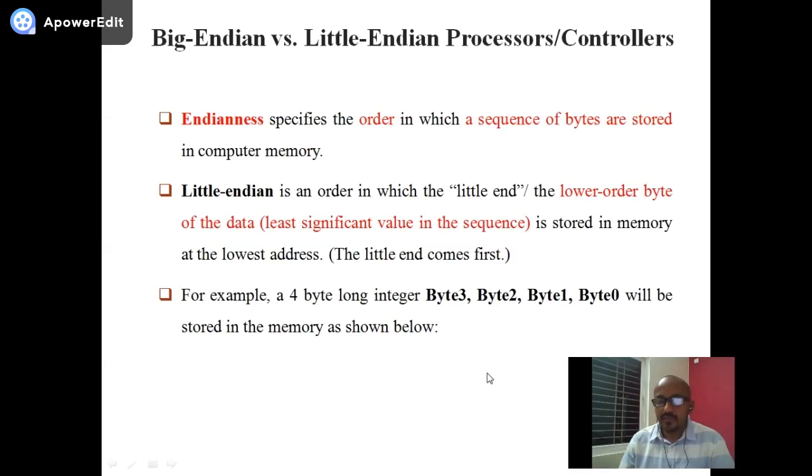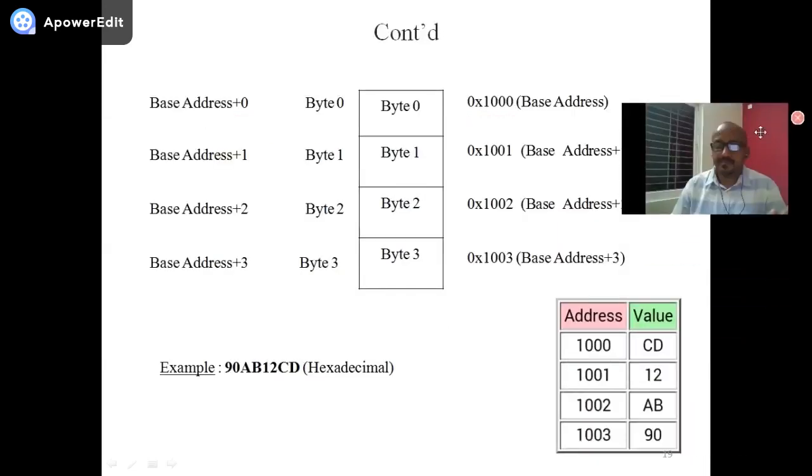There are two types: little endian and big endian. Little endian means the lower order byte of the data is stored at the lower address memory location. That is explained very well with this example.